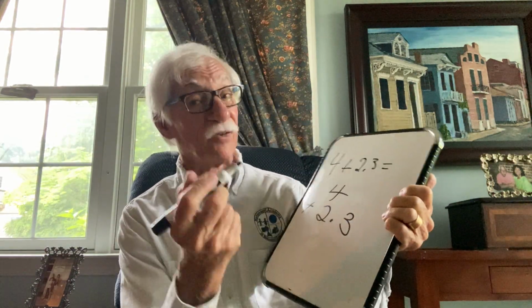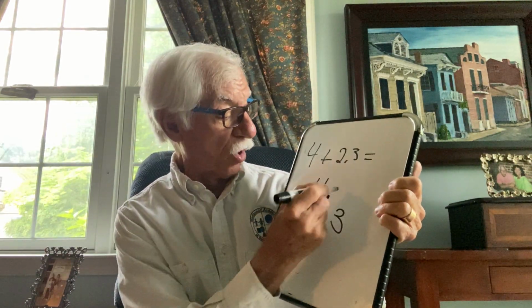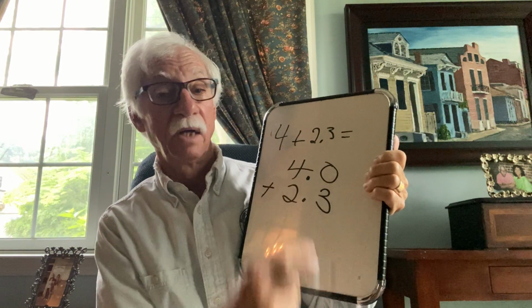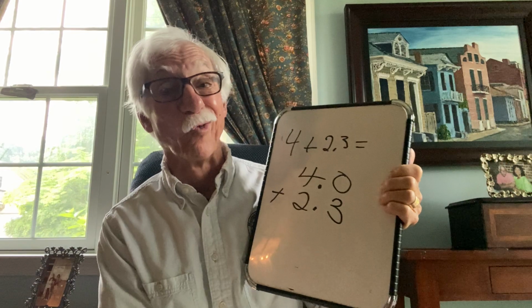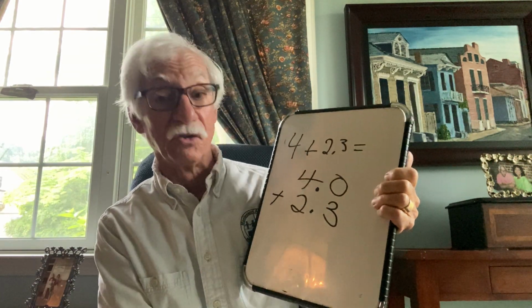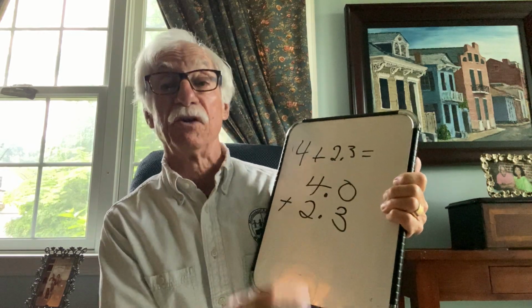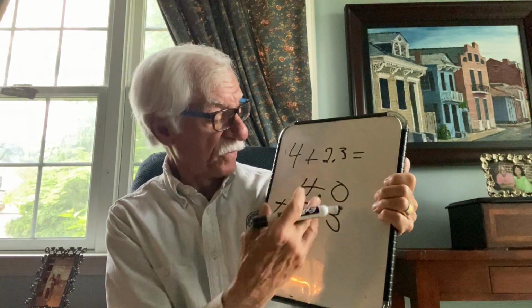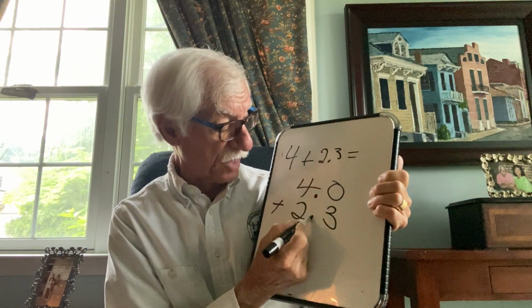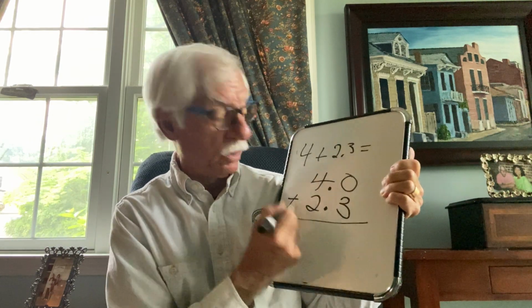Now you could, if you wanted to, put 4 decimal 0. How do you read that number? 4 wholes. There's no decimal fraction in it. You can do it like that, or you can do it like that, just to keep yourself straight that you have a tenths place value in your decimals.